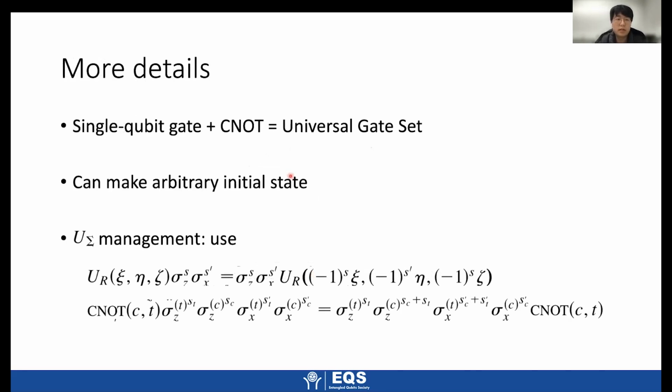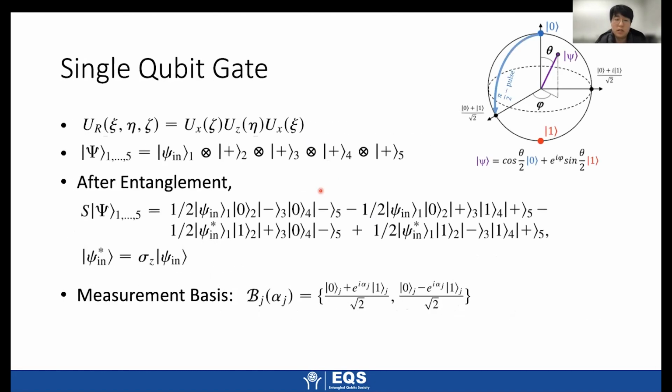To give more details, with a general single qubit gate and CNOT gate, we can make a universal gate set. This is not a specific proof, but we can say that measurement-based quantum computing is actually universal. We assumed that creating any initial state is possible, but actually creating this kind of initial state is very hard.